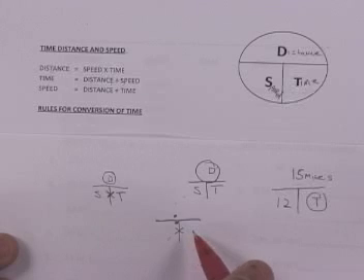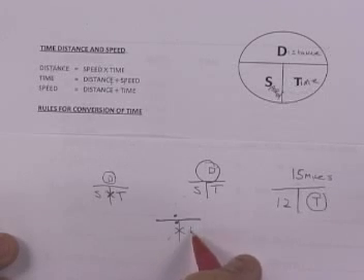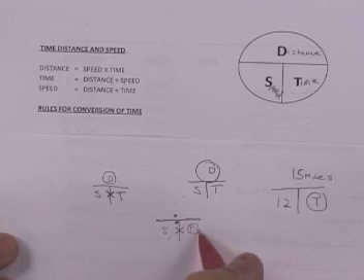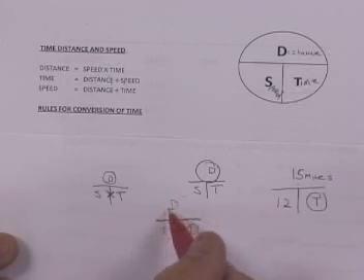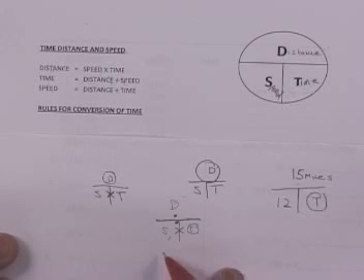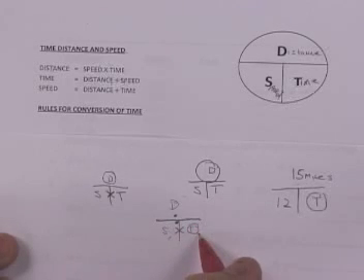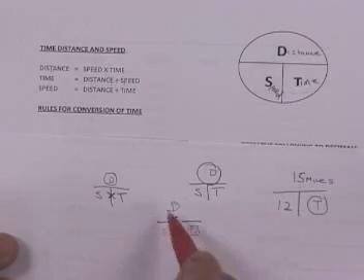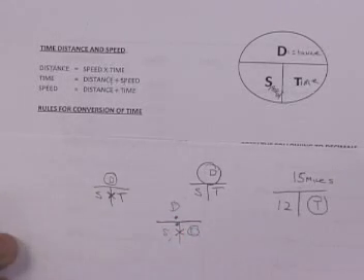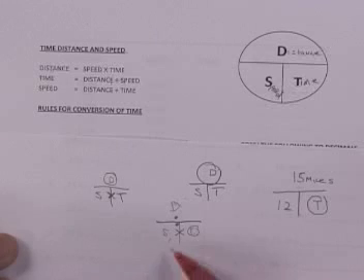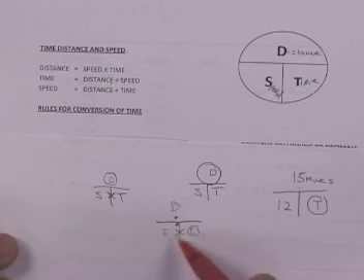If I'm looking for time, I have my speed and I'm looking for my time. Time equals distance divided by speed. Speed equals distance divided by time. Distance equals speed times time. So with little things that you can write to help you out, always remember anything above a line you're going to divide. If you're working across the line, you're going to multiply.